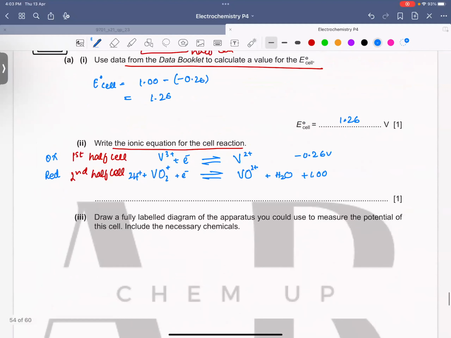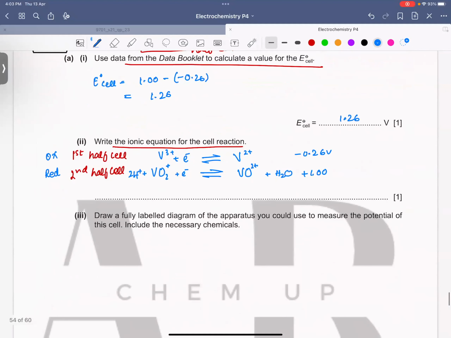Now, see, we have to show the diagram to measure the potential of this cell, right? Okay, first I didn't make that equation. So this is the oxidation. So I would first flip this equation. If I flip this equation, then it would be V2 positive over here and V3 positive plus electron over here. Both the equations have 1 electron.